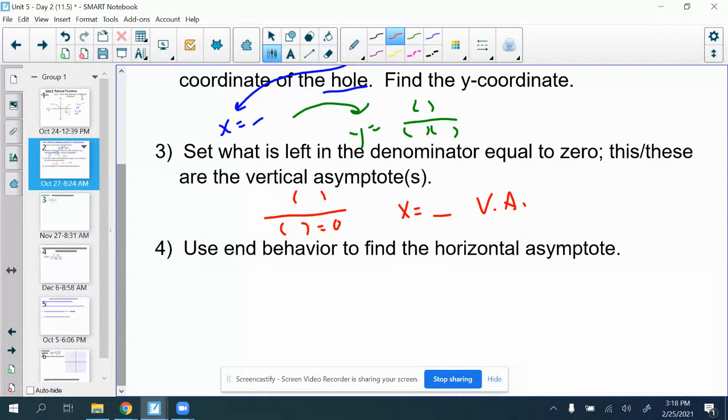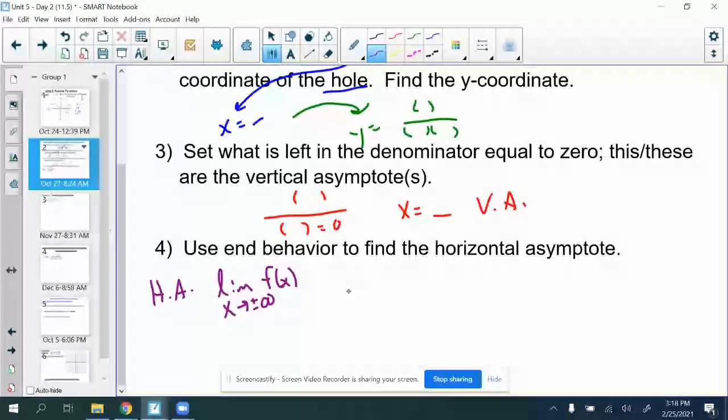Just to review a little bit of the long run behavior, if I'm looking for a horizontal asymptote, that's end behavior. Here, we're writing it as the limit as x approaches positive or negative infinity. There are three situations that can happen.